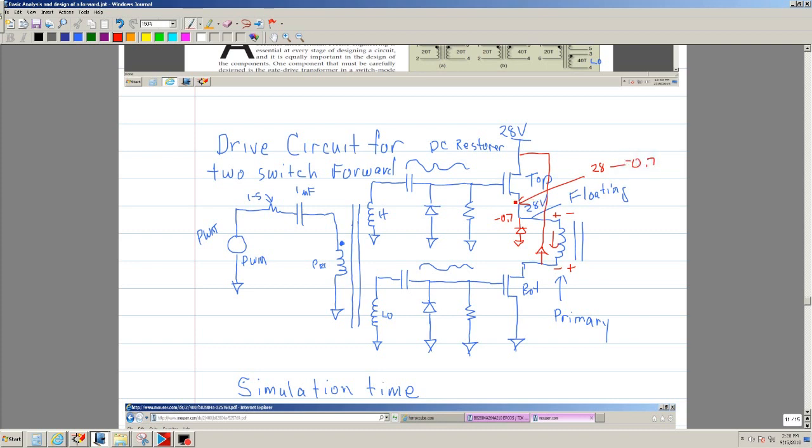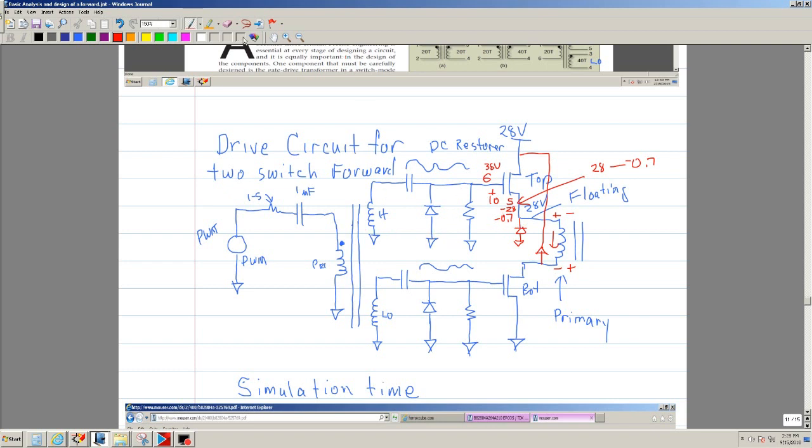So you're switching, and that is the source, and this is the gate. When you turn it on, you're going to have 28 volts here, and therefore to turn it on, you need at least 10 volts, positive to negative. So that means you're going to have 38 volts here. This transformer actually isolates it, keeps it from switching.